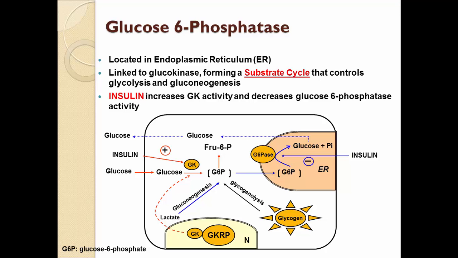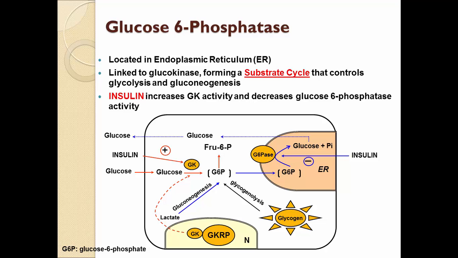And we will talk about it later, about sort of a key metabolic point. And I just want to mention here that glucose 6-phosphate is one of the key metabolic points. That means this glucose 6-phosphate involves multiple metabolic pathways.